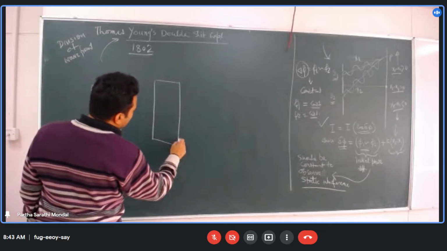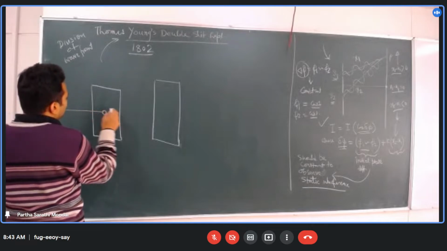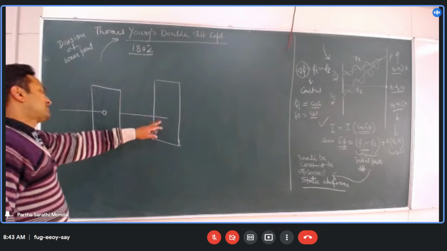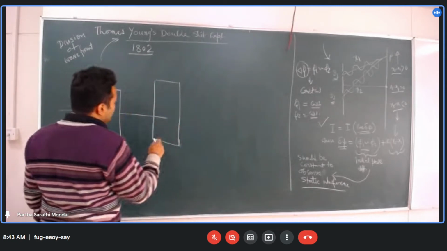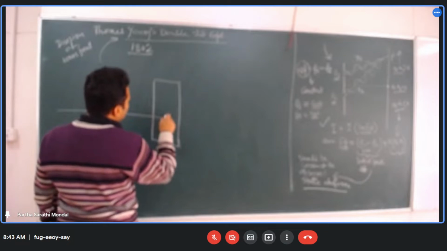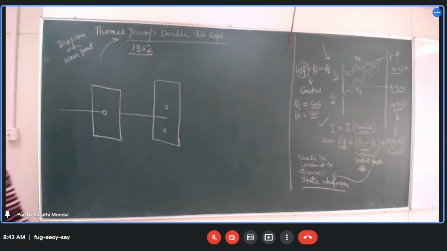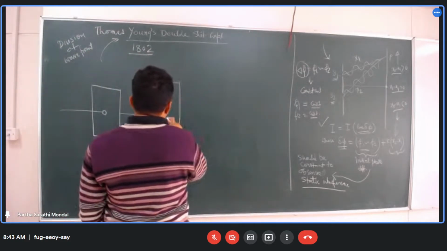So let's say this is the line. Now this is actually your middle point. One hole here and another hole here. Okay, so now we put another screen here.